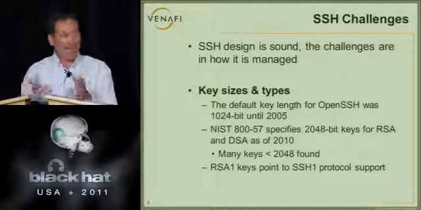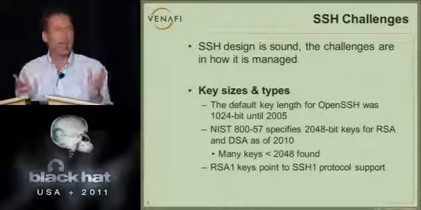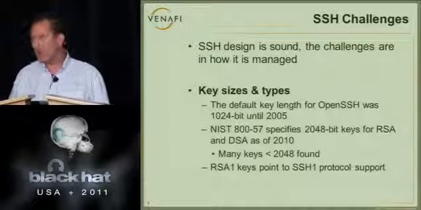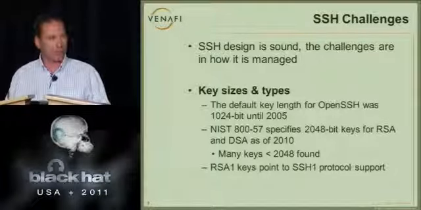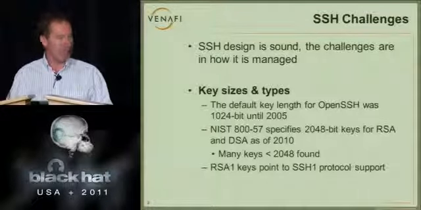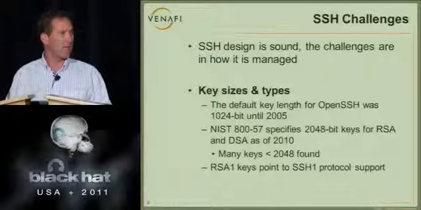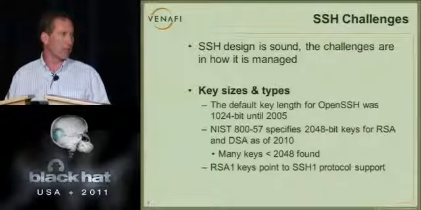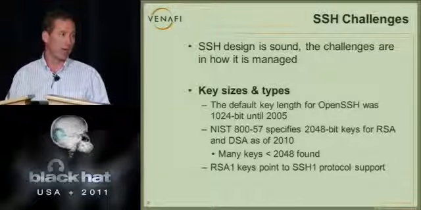I say nobody, 99%, from what I can tell, of people that install this, or systems that they received, were installed in a default configuration and never touched. What that means is, 1, if it's got a 1024-bit key, it's probably about 5 years old, maybe older, and 2, it means that user keys for authentication probably were using the same default key size and are probably 1024-bit keys. And that could be a problem.